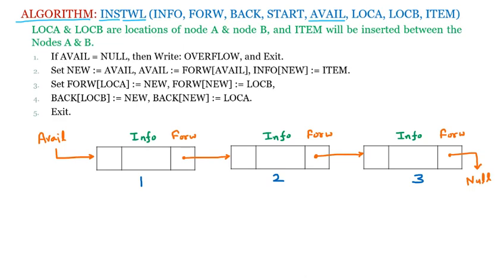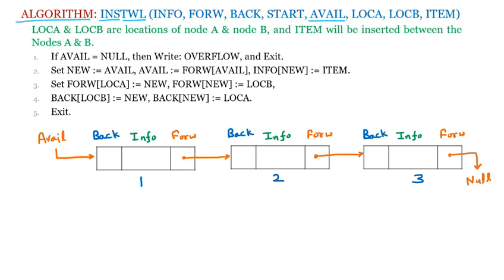We can take one more pointer, BACK, if we want, but it will be meaningless, because the avail list always works in one direction.